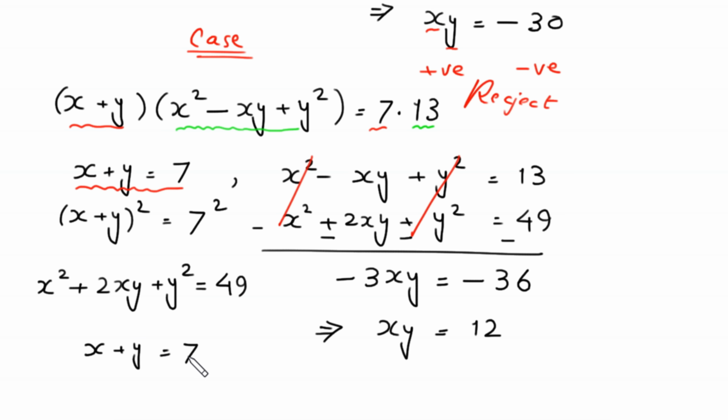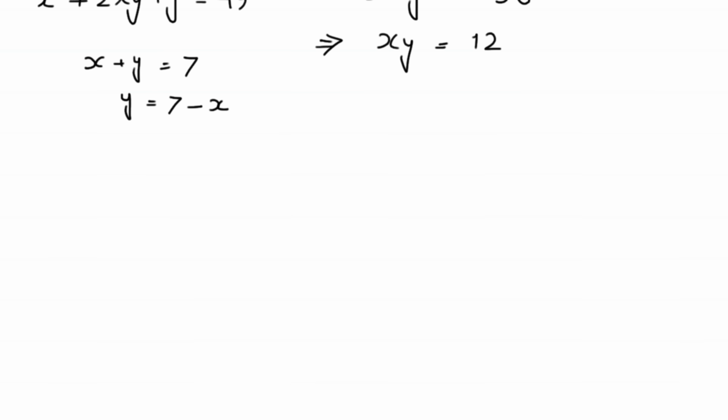If we find the value of y, then y will be equal to 7 minus x. Now in this equation we put the value of y, 7 minus x, from here.